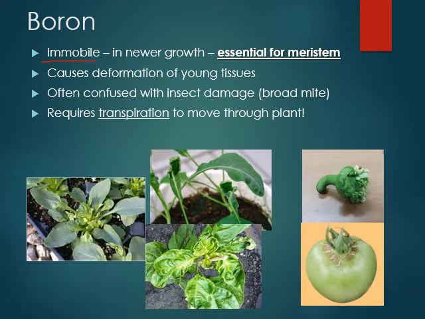On this tomato, you'll see there's a corky scarring around the top of the fruit. That is from deformed tissues in the meristem, and as the fruit formed, it tore. Now, unlike calcium with blossom end rot, which is at the bottom, the boron presents at the top of the fruit. So that helps you distinguish between boron and calcium when you're looking at tomatoes.